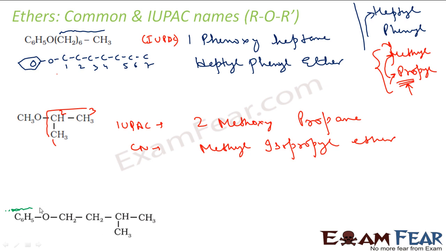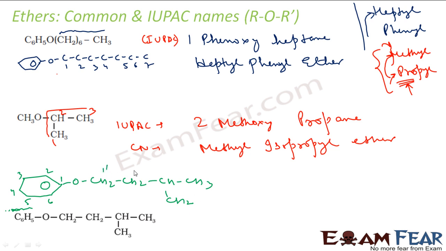Now let's see this. If you write this compound, this will be the name of this compound. I'm just trying to draw this once again. I'll show the numbering convention 1, 2, 3, 4, 5, 6.